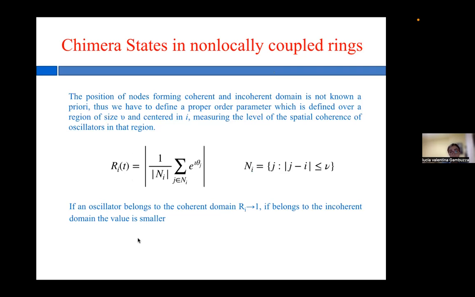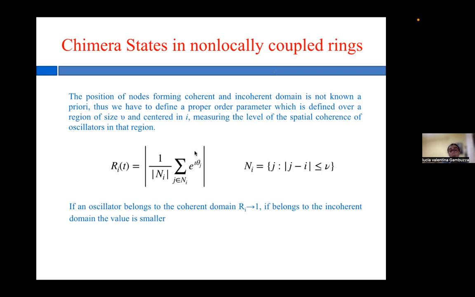If a unit belongs to the coherent domain, the order parameter approaches the value of 1, so we are in a coherent case. And in the case of an incoherent domain, we will have a smaller value of the order parameter.